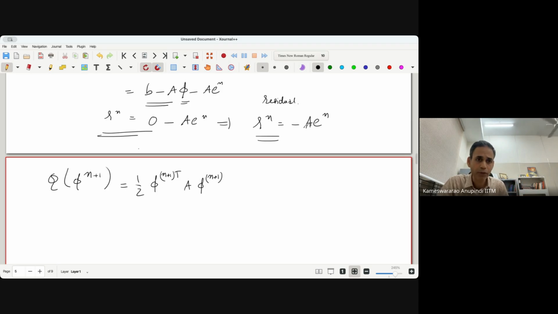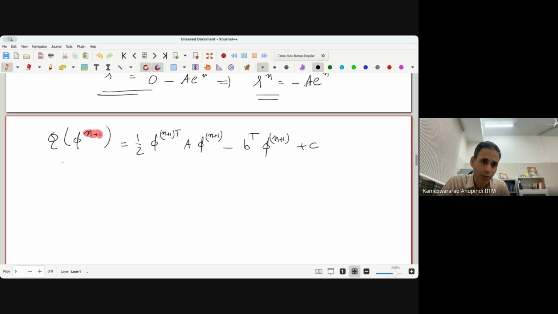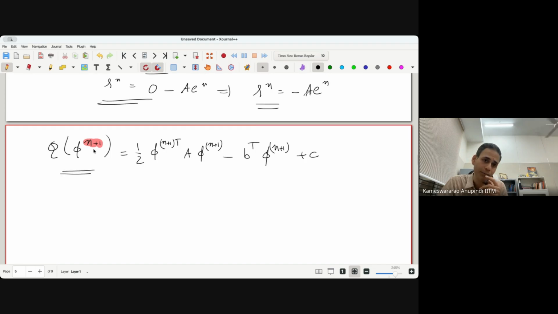So we should not get confused that this n plus 1 is an exponent. It is just indicating the value of phi at the n plus 1th iteration, minus b transpose phi n plus 1, plus C. Now, if I want to calculate the maximum or minimum, I have to differentiate this with respect to phi.